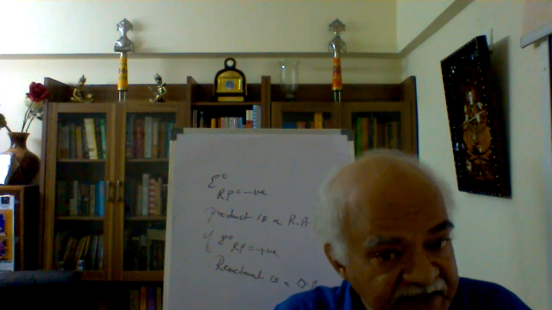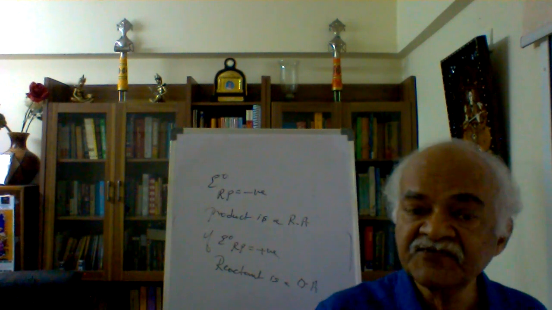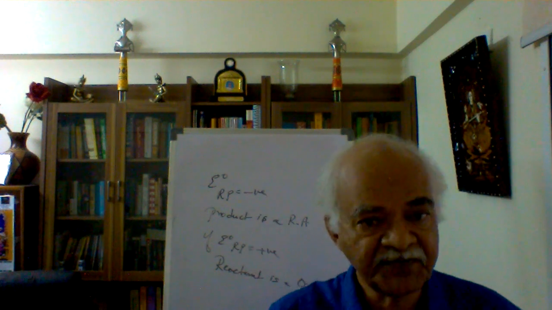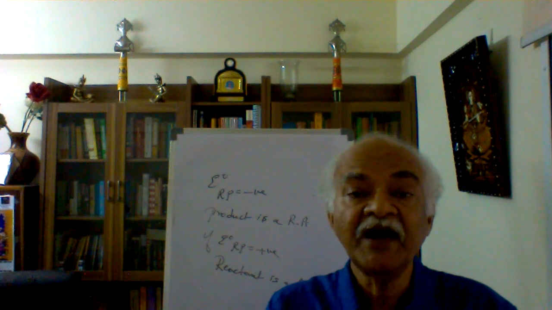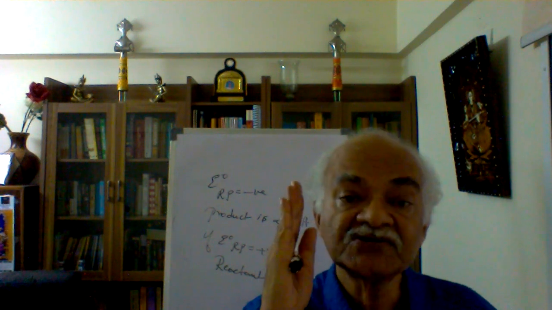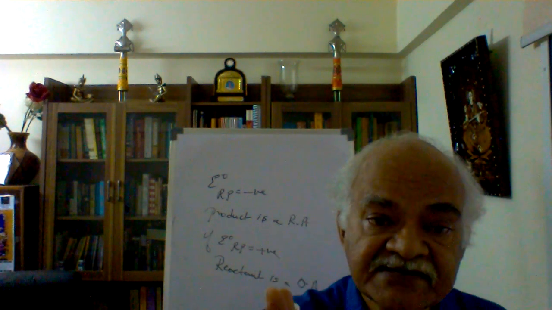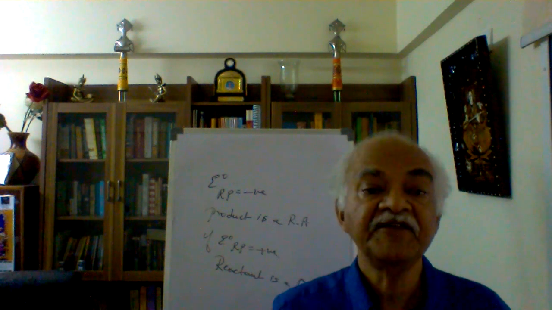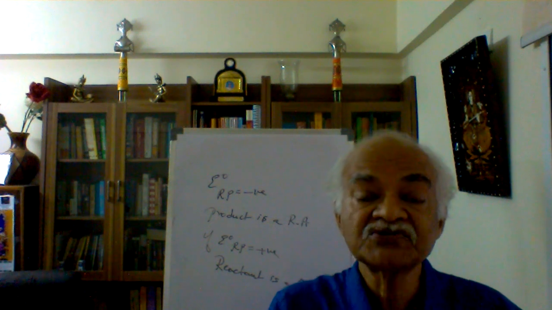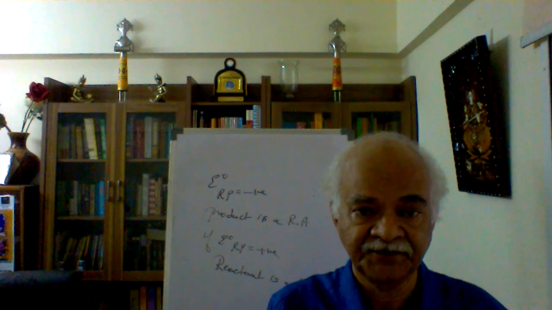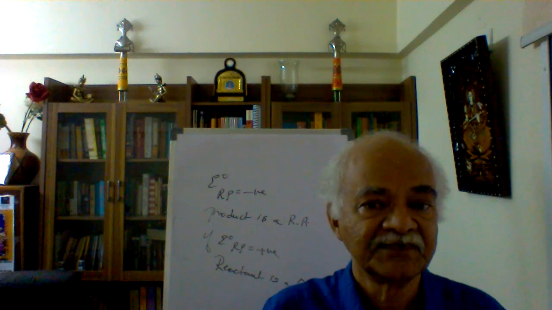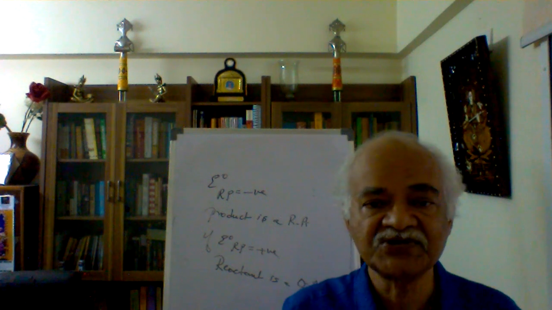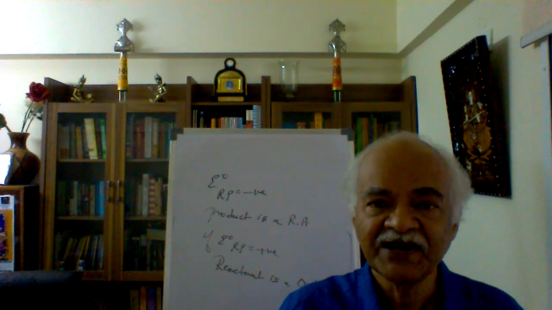To facilitate this, we follow a convention wherein all half cells are written as reduction processes, and the interpretation is like this. If E naught value is negative, focus on the product and recognize that as a reducing agent. If E naught value is positive, focus on the reactant of that half reaction and recognize that as an oxidizing agent. So having recognized oxidizing and reducing agents, we shall continue with the next video.